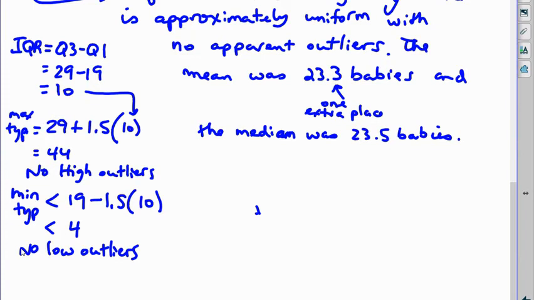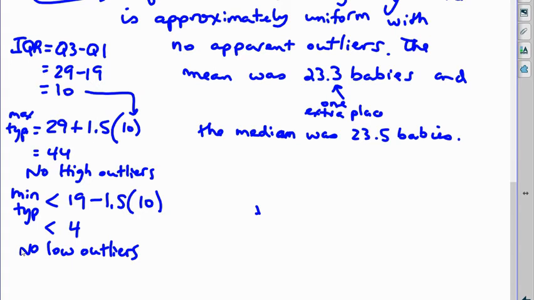I'm just going to point out right now that the fact that the mean and the median are very similar to each other, 23.3 being only 2/10 different from 23.5, is more evidence that we have something symmetrical, which means either bell-shaped or uniform. So that's more evidence that this was symmetrical.